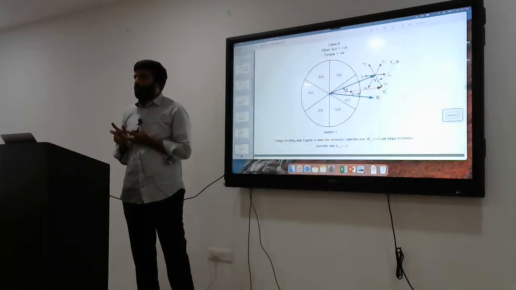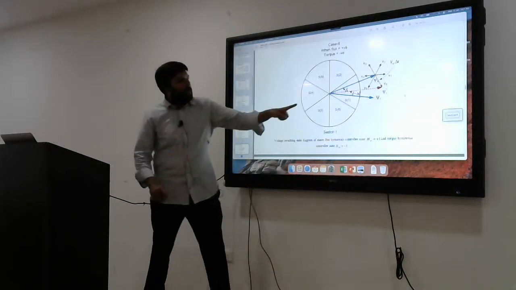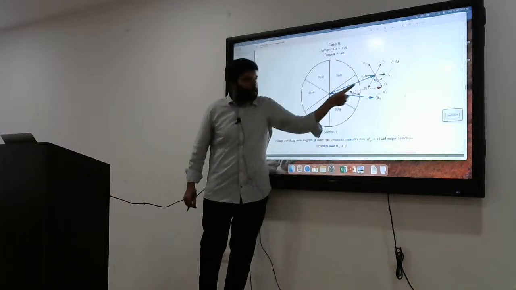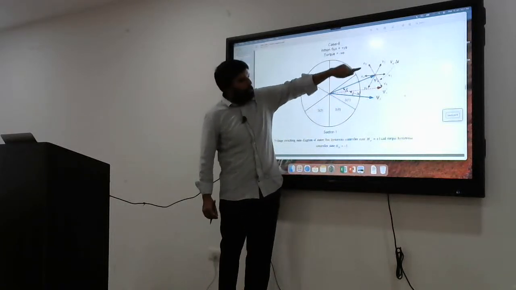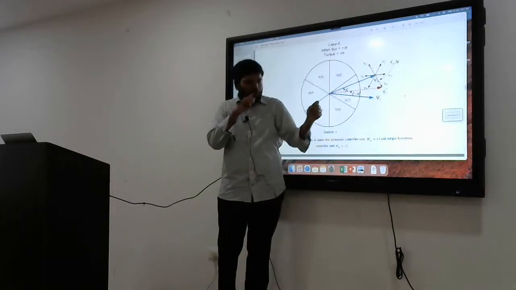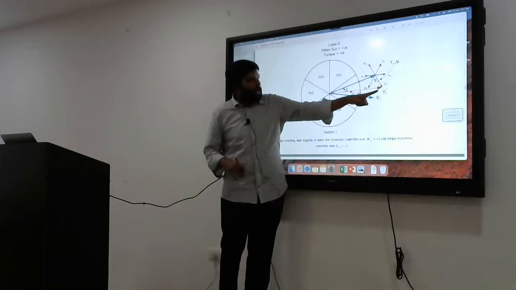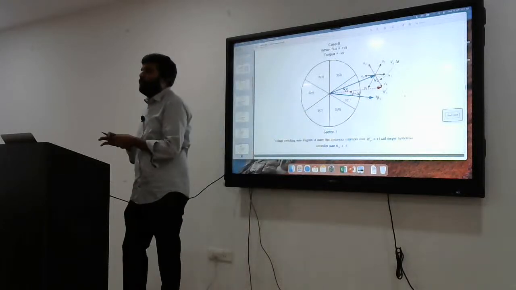Your job is to control these two parameters. You need to target only two variables, flux and torque. See, by selecting V6, what will happen? This is the initial position, right? By selecting V6, we can increase the length and also decrease the angle between the stator flux and rotor flux. If the angle decreases, torque will decrease.